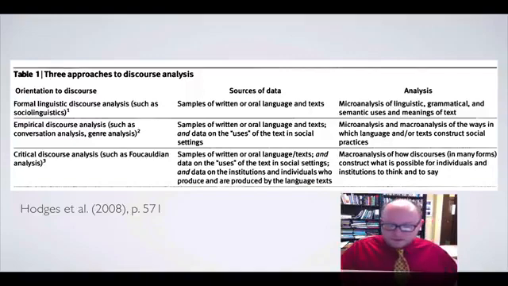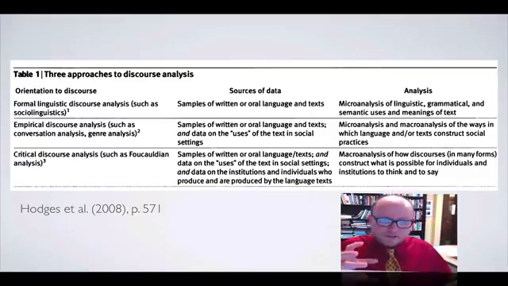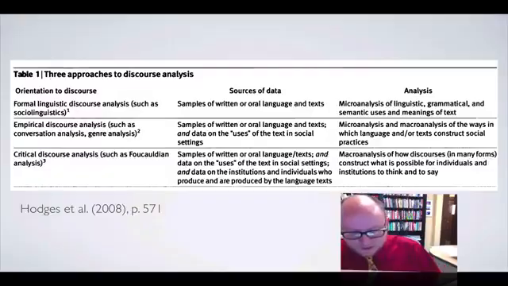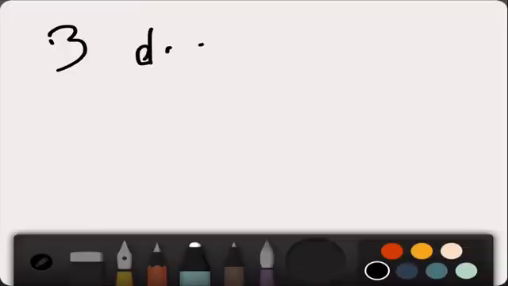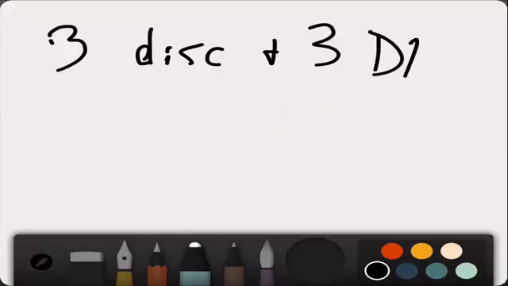Now, I want to give some illustrations of this and to line up all of these things together because, again, there's a lot going on, but there's really three different ways that we can think about discourse and corresponding three different ways to think about discourse analysis.